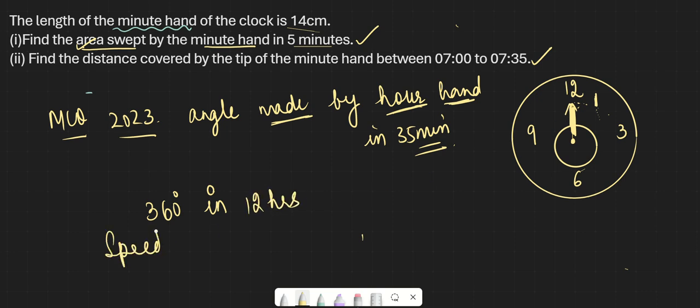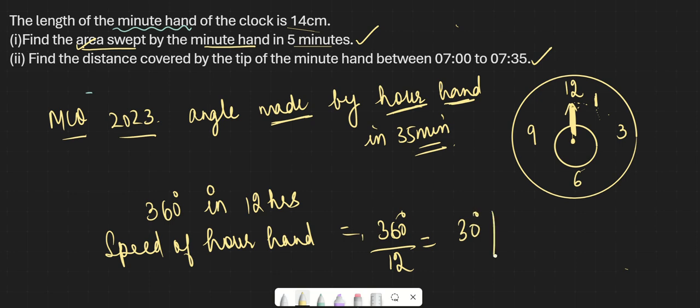तो इससे मेरे पास आएगा speed of hour hand. Speed of hour hand is 360 degrees by 12, which will give me 30 degrees per hour. Now 1 hour has 60 minutes. So we always find, because time gap हमें minutes में दिया होता है, तो we always find the speed in 1 minute.